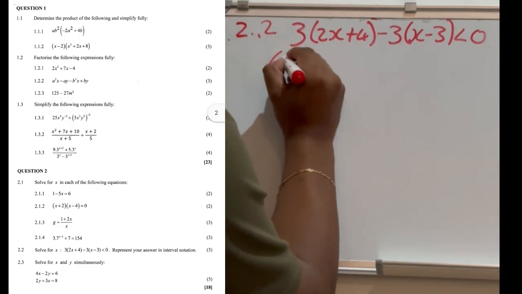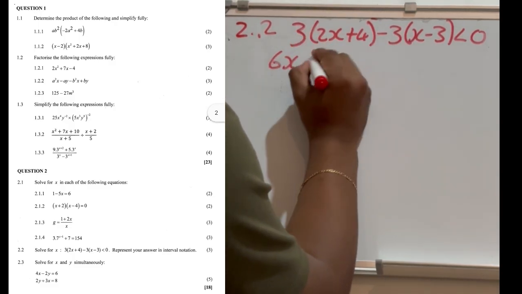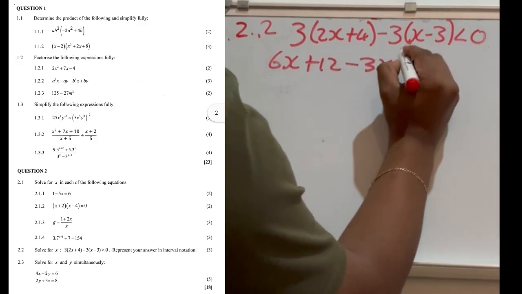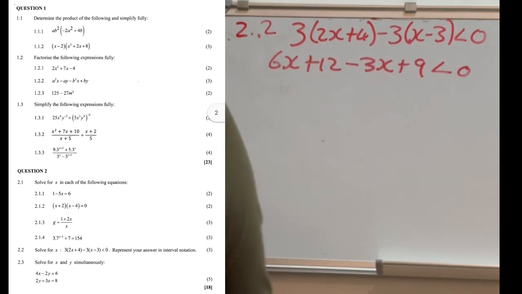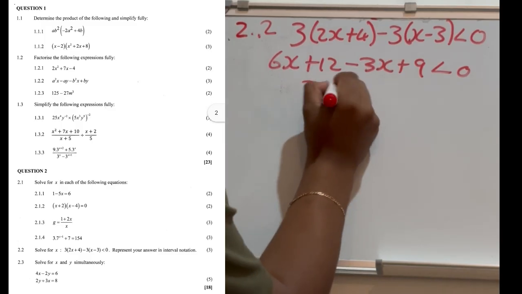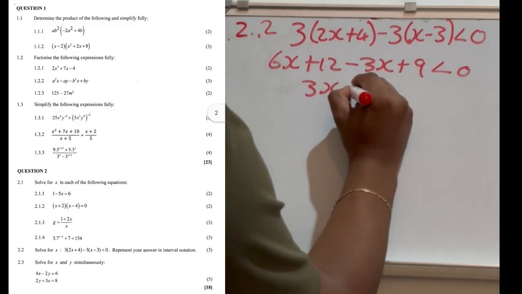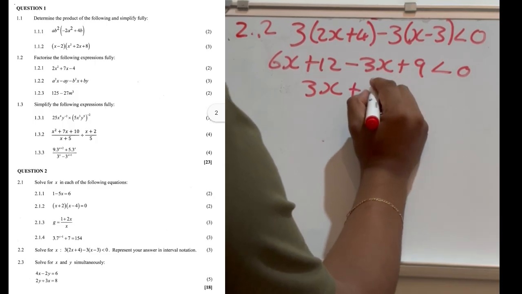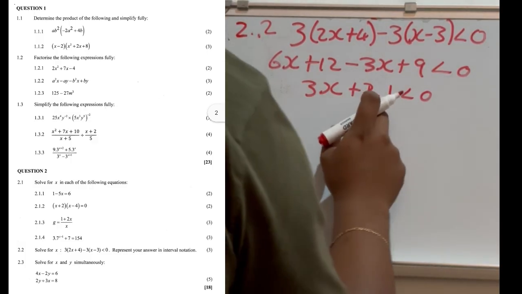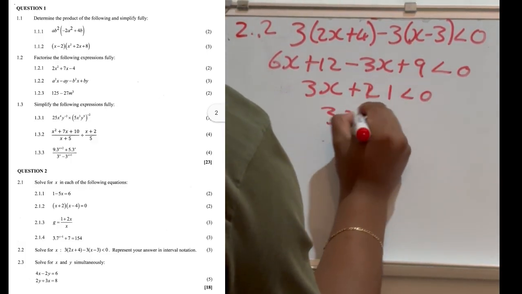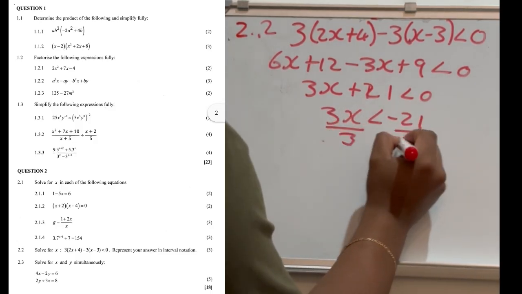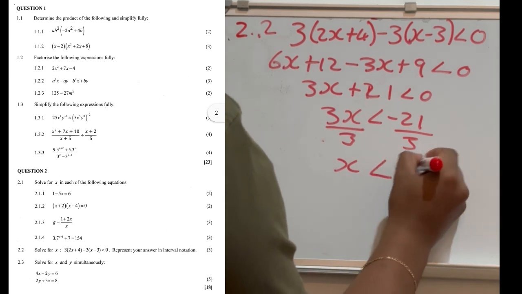So we're going to say that is 6x, 3 times 4 is plus 12, minus 3x, minus 3 times minus 3 is plus 9, smaller than 0. Then we're going to say 6x minus 3x is 3x, and 12 plus 9 is 21, smaller than 0. So now we can just take the 21 over, smaller than minus 21, then divide both sides by 3, then x is just smaller than minus 7.